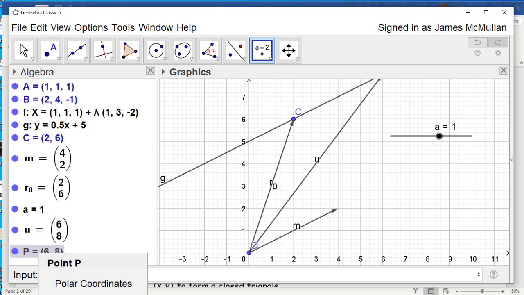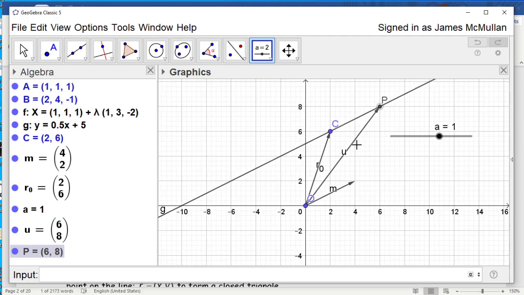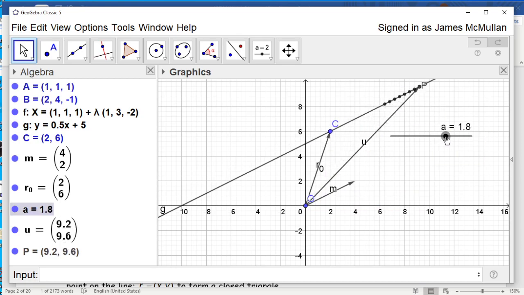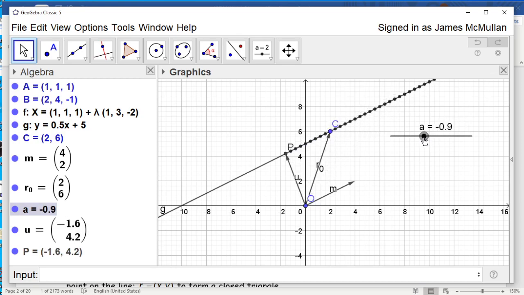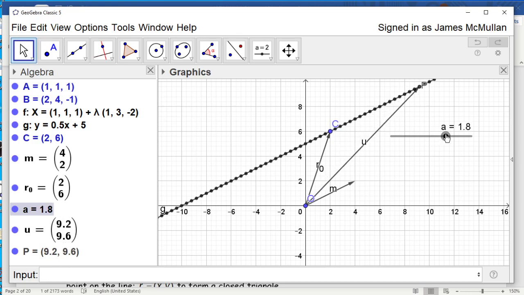And then let's trace this point. Okay, so look at point P. First of all, point P is on the line, right? Because you can imagine RO got you to the line, and then M moves you up and down along the line, right? And all the different scalars I can multiply M by simply fill in the missing points of the line.